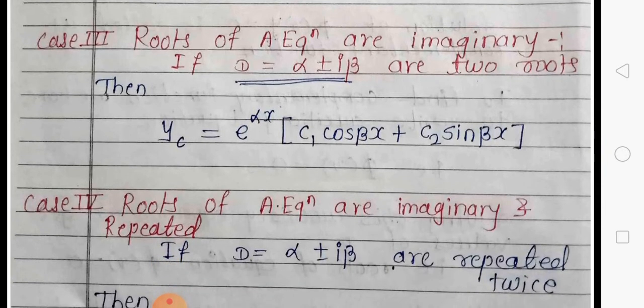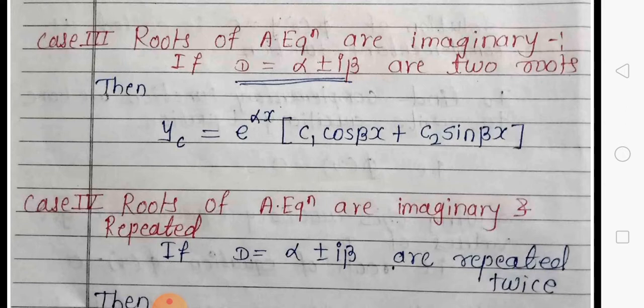Next is case 3. Roots of the auxiliary equation are imaginary. If we consider D equal to alpha plus i beta, here alpha plus i beta and alpha minus i beta are the two imaginary roots.